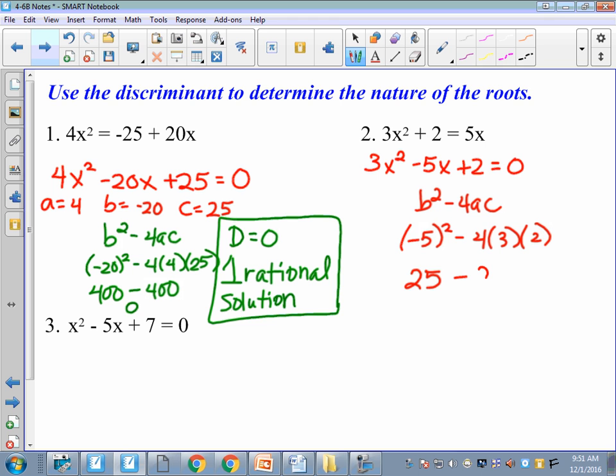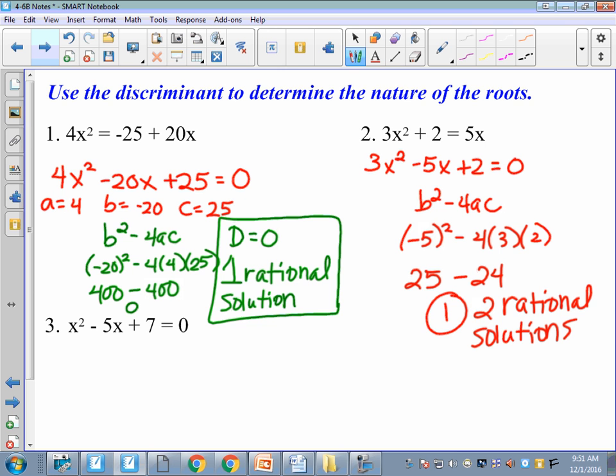Take away 24. When you subtract 25, take away 24, you get a discriminant of 1. 1 is perfect. Don't forget that 1 is perfect. So my nature of my roots is going to be two rational solutions. How many and what type? 2, and they're rational.